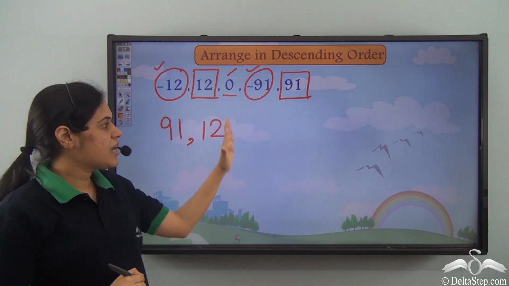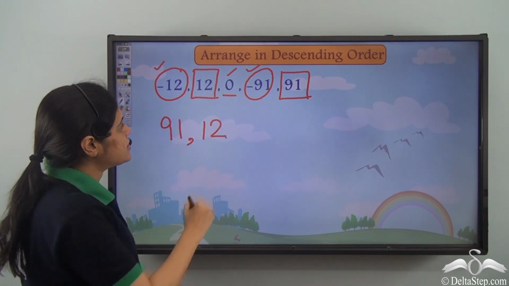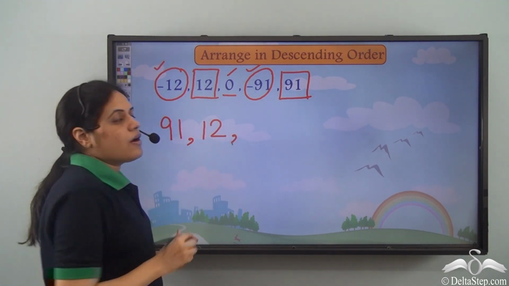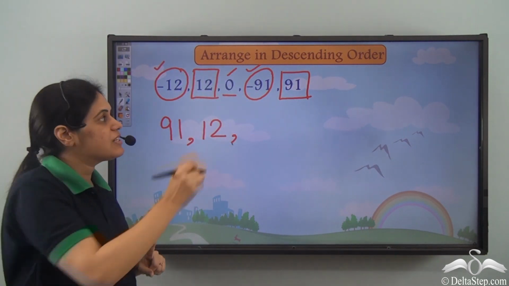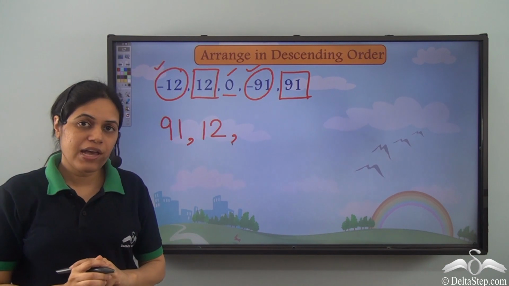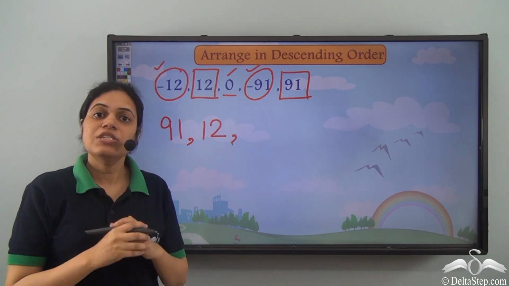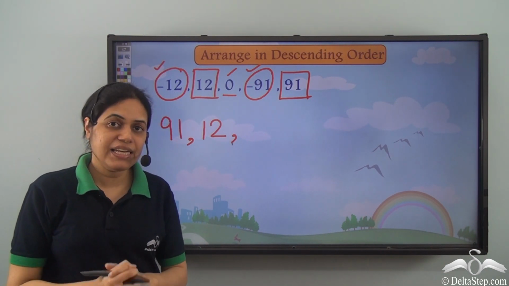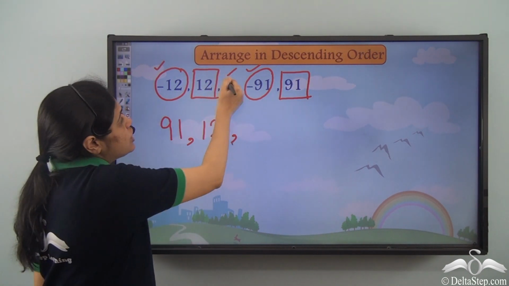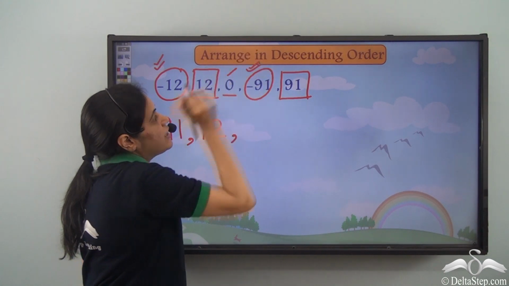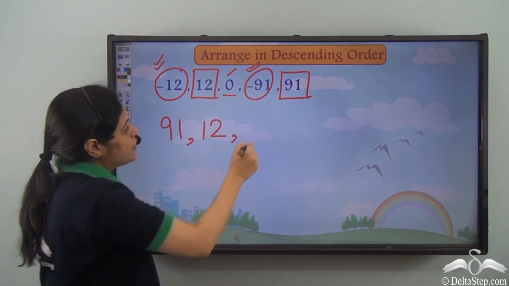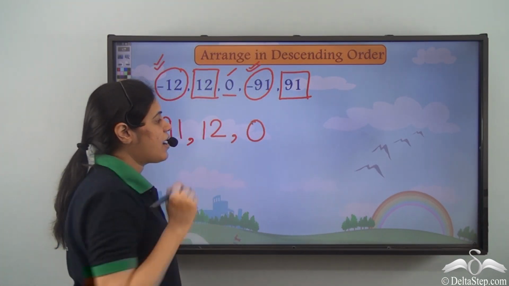So first I have the positive integers. What is left? I have 2 negative integers left and a 0 left. I know 0 is greater than any negative integer. So 0 will be greater than -12 and 0 will be greater than -91. So after 12, I have 0.